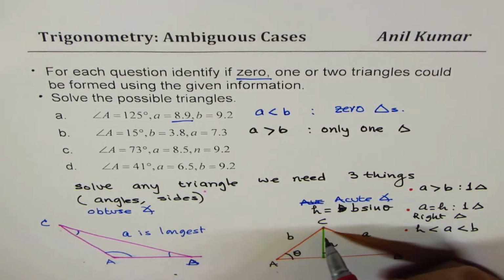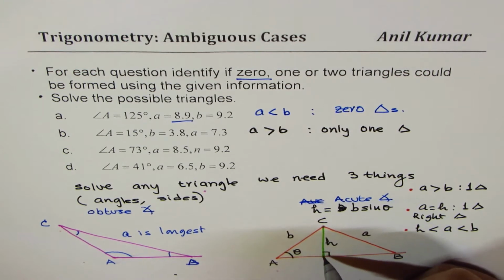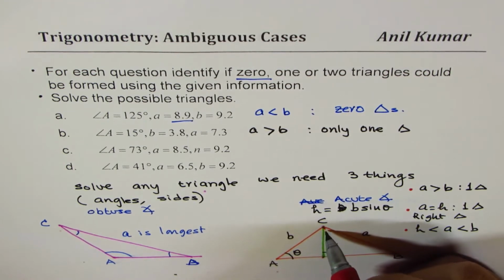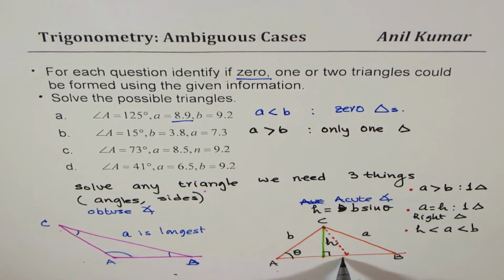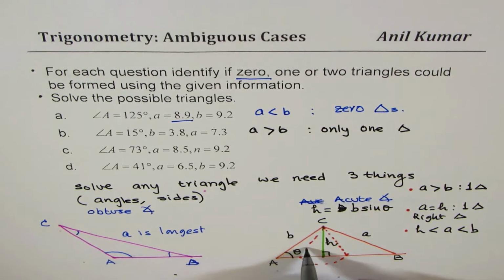Let us say A is greater than height. That means it's longer than this, kind of this much. In that case, we can form two triangles. Do you see that? These are the two triangles which can be formed.